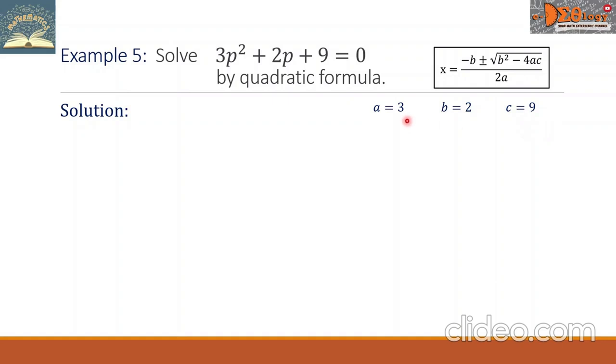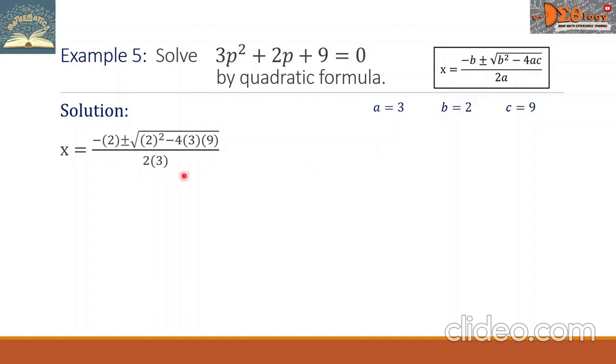We substitute the values a, b, c respectively in the equation. So we have x equals the negative of positive 2 plus or minus the big square root of 2² minus 4ac. So we write here 4 times 3 times 9, all over 2a.